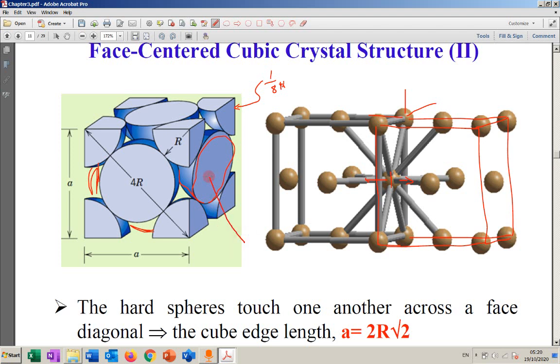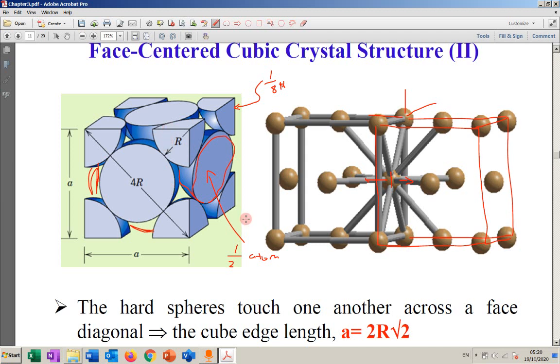However, the face atom will be shared between 2 unit cells, so we call this one a half atom. However, this is 1 over 8 of an atom. So we have 1 over 8 atoms at the corners and half an atom at each face.